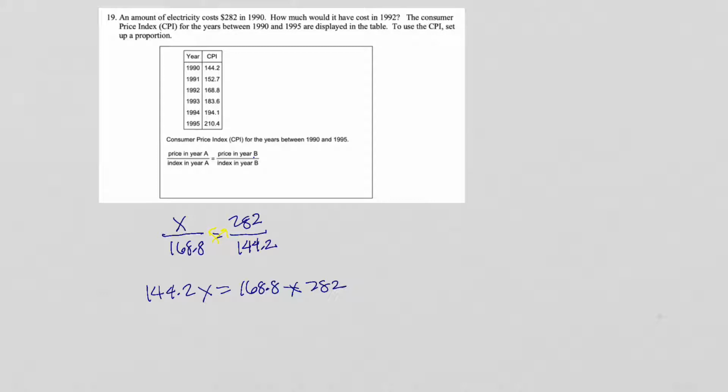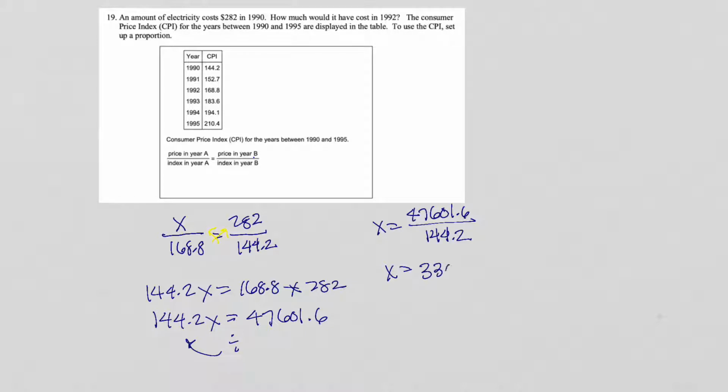On my trusty calculator, 168.8 times 282 gives me 47601.6. So 144.2x equals 47601.6, and now I'm going to divide by 144.2. I get x equals 47601.6 divided by 144.2, and X is equal to 330, and I'll round to .11.